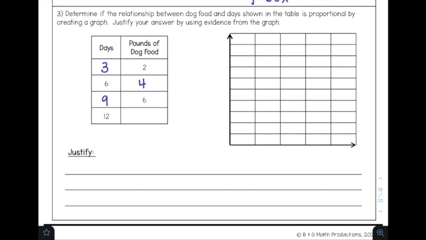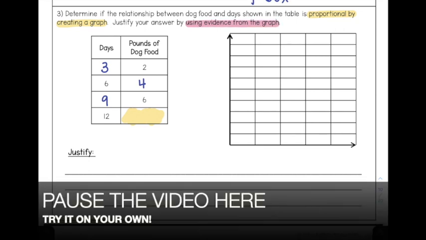And for 9 days, there's 6 pounds of food. So you need to figure out how many pounds of food in 12 days, and then you're going to have to graph and then determine if there is a relationship between days and pounds of food, if it's proportional, by the graph. So you have to use evidence from the graph.